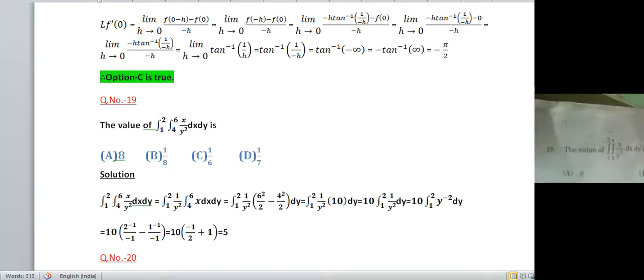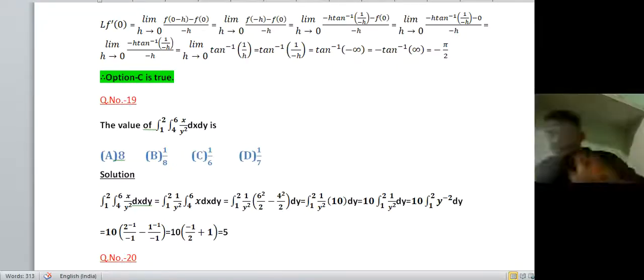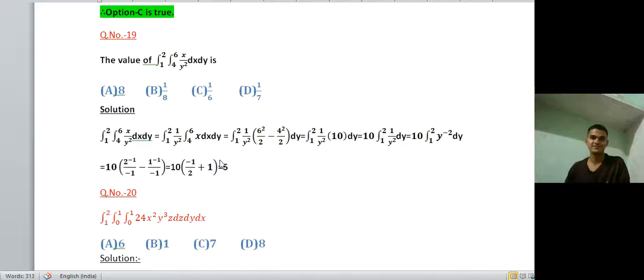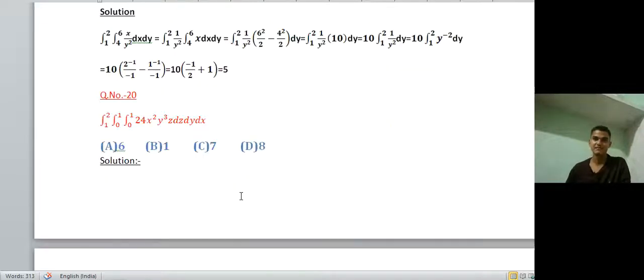The first option is 8, the second option is 1 by 8, the third option is 1 by 6, and the fourth option is 1 by 7. But none of the options is the answer of this question. So I have solved it. You can see it. The answer is 5.